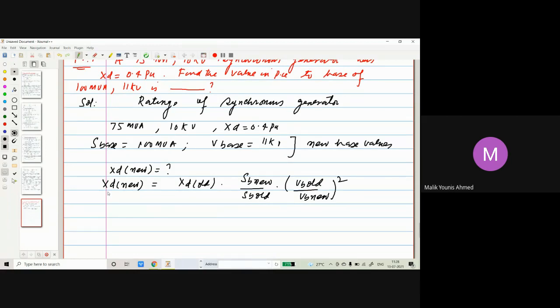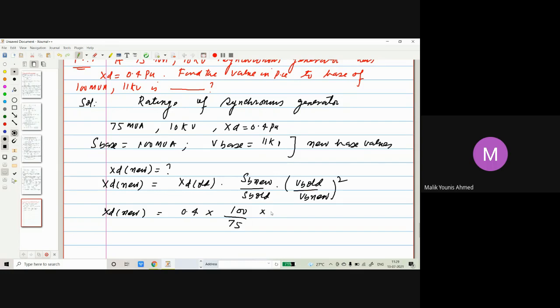Substituting the values, XD new will be given as: what is XD old? That is 0.4, the old per unit value. What is SB new? SB new is 100. What is SB old? That was the old data for the transformer, 75.